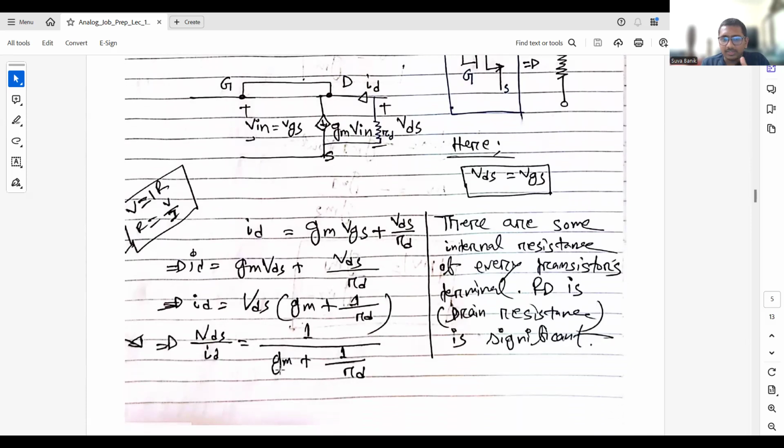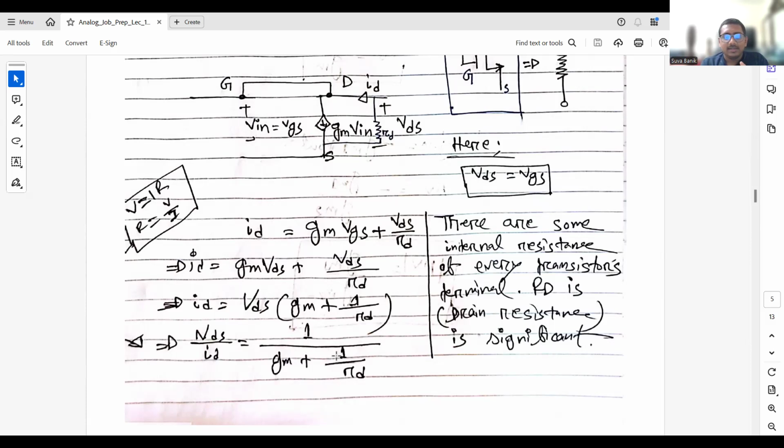So whenever we take 1 over RD, this 1 over RD is too much lower compared to GM. So we can avoid 1 by RD for simplicity. And then we can write that the output resistance of a diode connected load is 1 over GM.